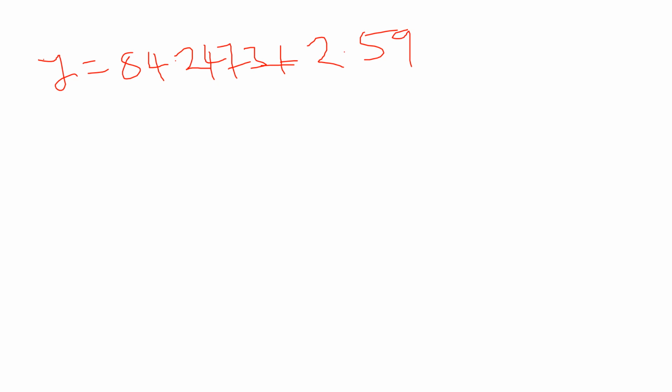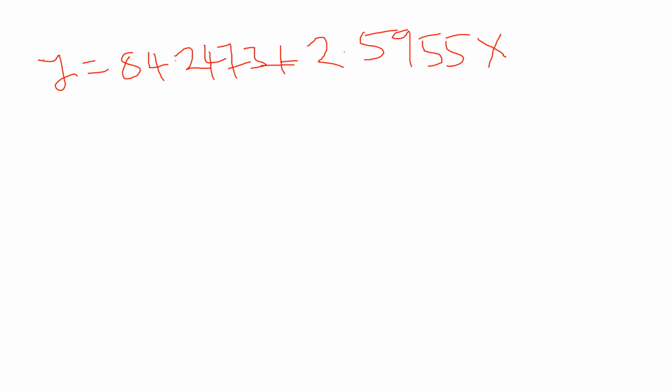So in this case, our equation becomes y equals, remember we have gotten the value of a being 84.2473, plus the value of b, which was 2.5955 approximately, multiplied by x. So that is the regression equation.